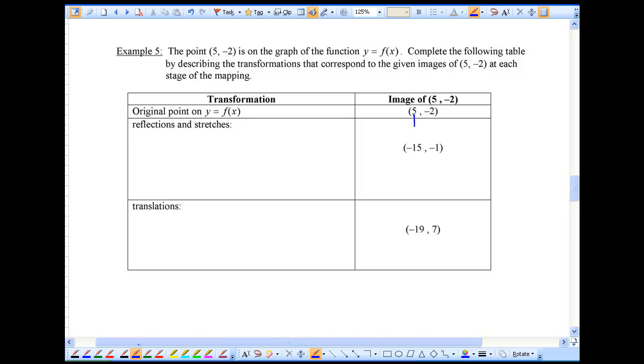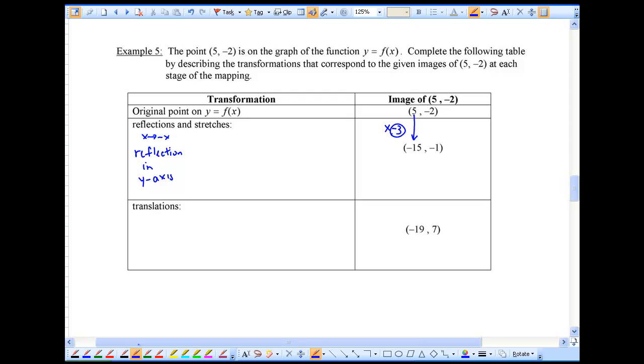See how the 5 became negative 15? That means you multiplied the x values by a negative 3. You replace x with negative x. That's some sort of reflection. A reflection in which axis? Yeah, the y-axis. Good.